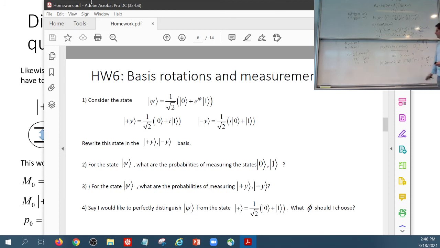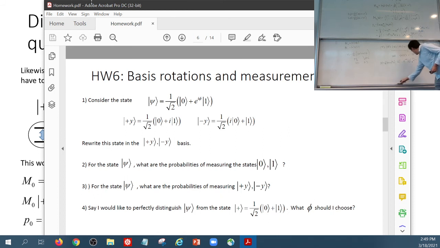Say I asked, here are some states theta, what is the state phi such that it's distinguishable from this theta? In that case, the procedure is exactly the same. It would be like this, phi, and then here it's phi minus theta.